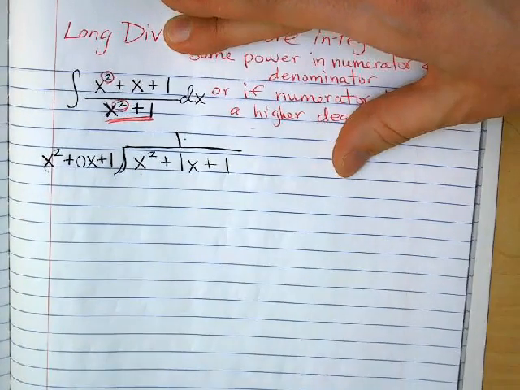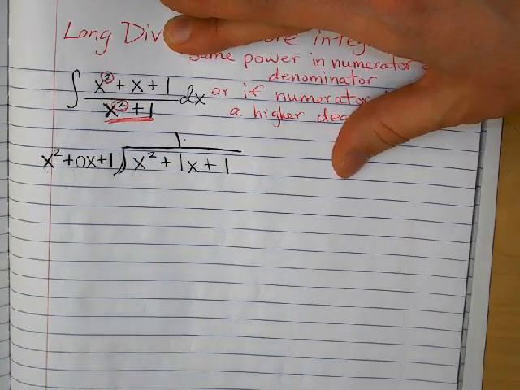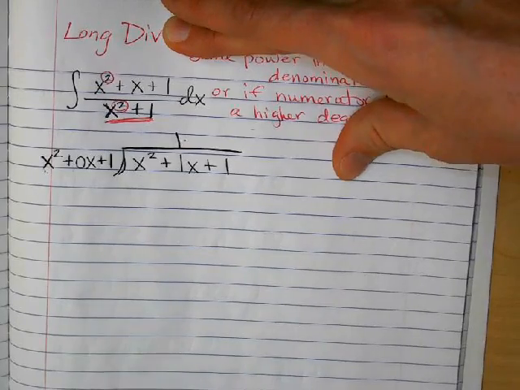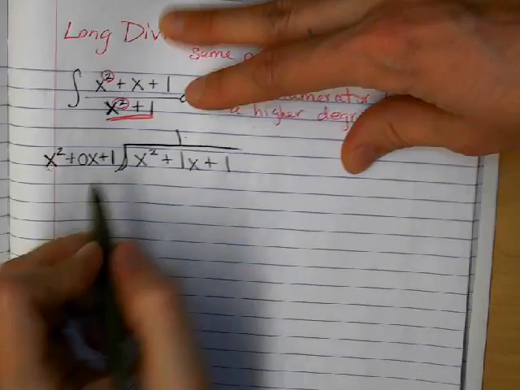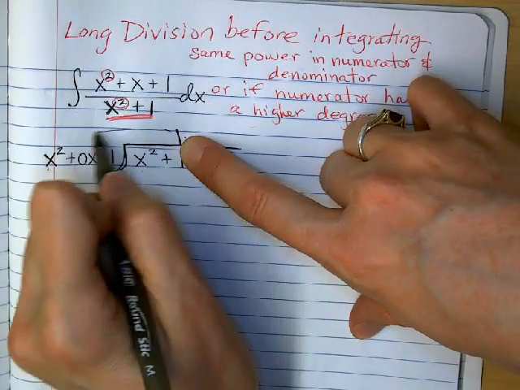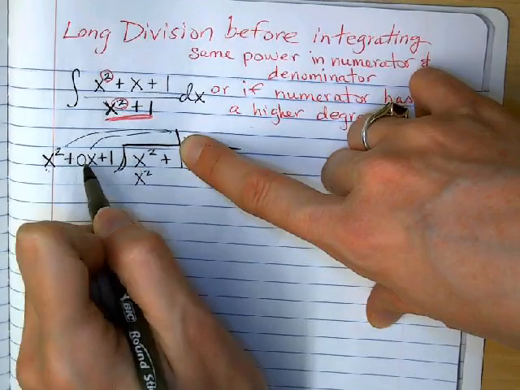It helps as a placeholder and makes sure everything lines up when you're adding and subtracting. So now if I do 1 times x squared, you get x squared. 1 times 0x, you get 0x. And 1 times 1 is 1.